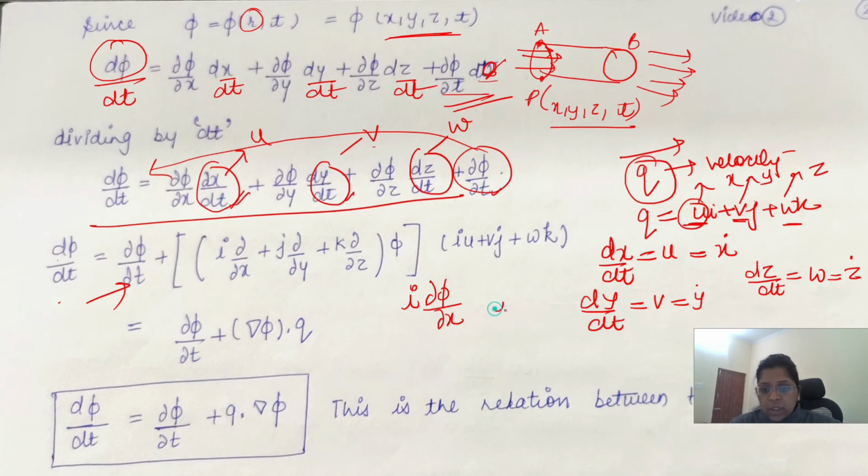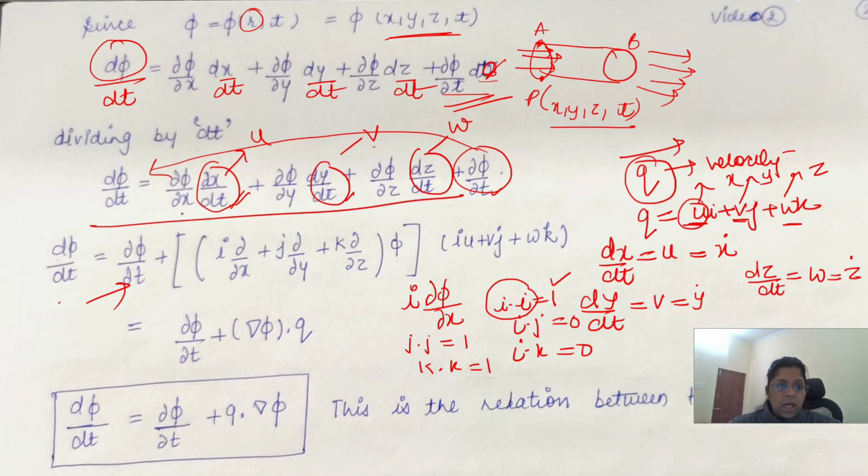I hope you know that i dot i is 1 and i dot j is 0. The dot products of the same unit vectors are 1, and for i dot j and i dot k are 0. Similarly, j dot j is 1, k dot k is 1, and the remaining k dot i, k dot j, j dot i, j dot k are 0.